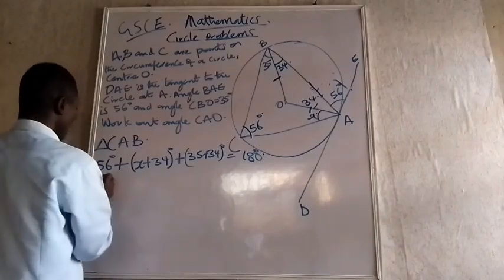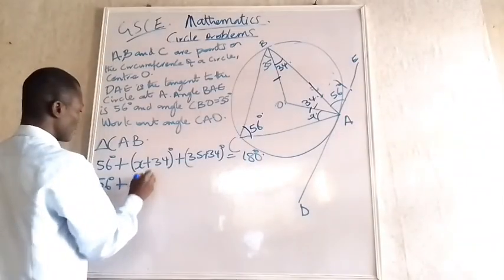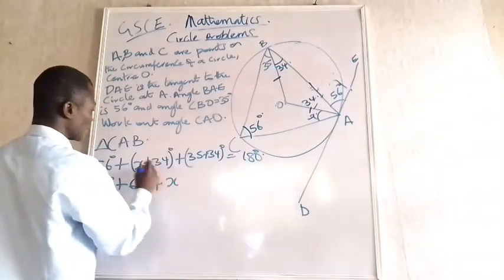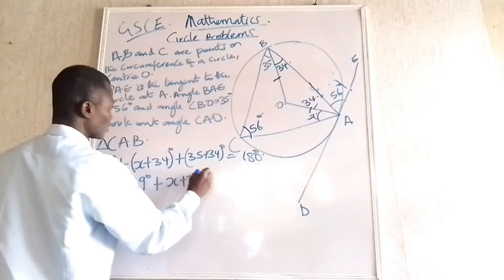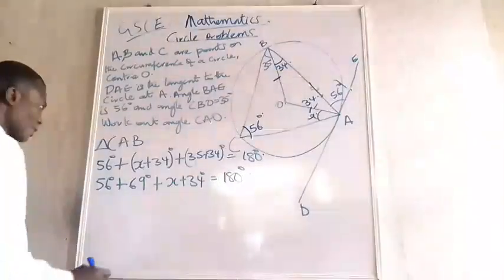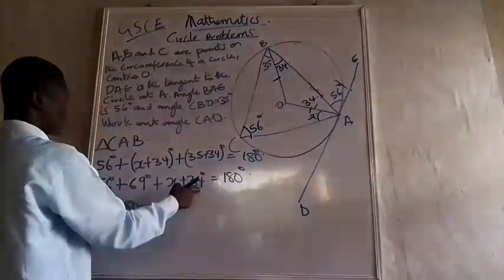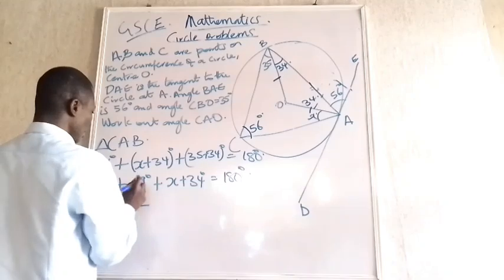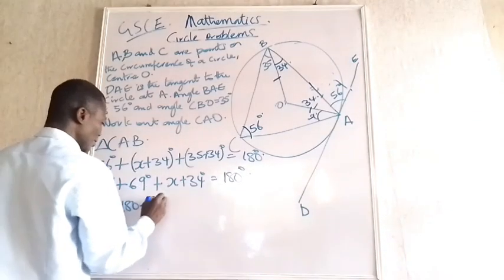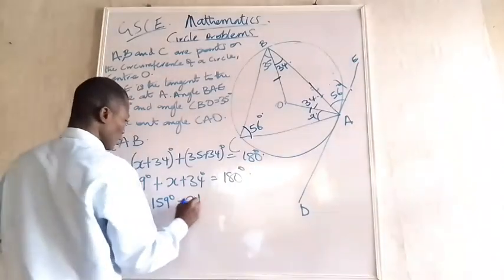So we have 56 degrees plus 69 plus x plus 34 degrees is equal to 180 degrees. Now, x will be equal to 180 minus 159 degrees, so we have this one as 121 degrees.